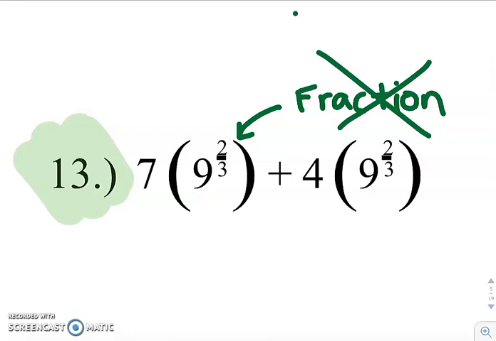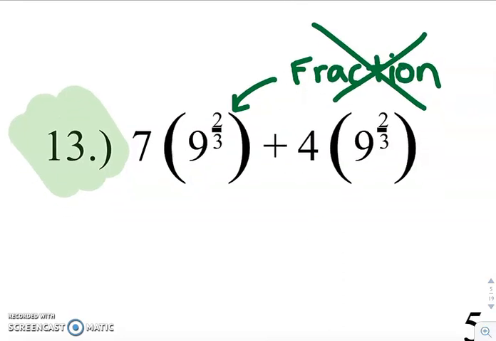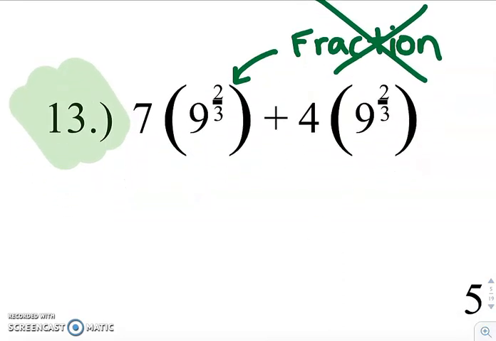Sort of like when you're simplifying and as soon as you see a negative exponent, you just move it to make it positive, I could similarly do the same thing when I see fraction exponents. If I can't have a fraction exponent, we know how to rewrite this in root form. It would be the cubed root of 9 squared.